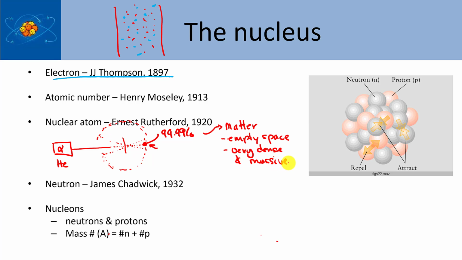Eventually this very dense, massive region in the atom became known as the nucleus, and here is a sketch of the nucleus. Now, this has neutrons and protons in it. That's the way we know it now. At the time, they only knew about the protons, and neutrons had yet to be discovered.